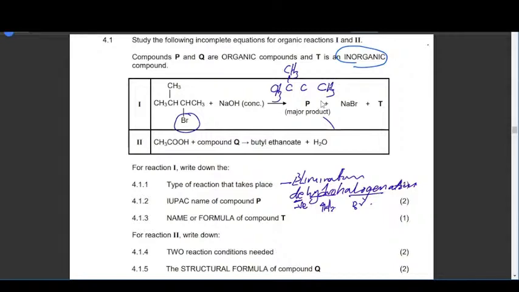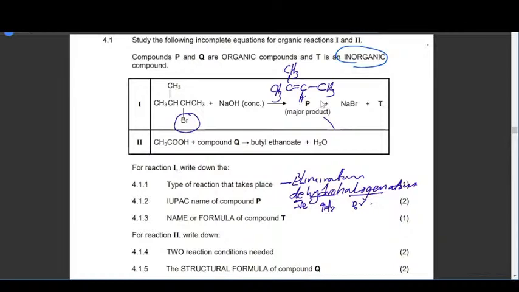So it's going to lose one hydrogen here, so it's going to form a double bond there. And this one also is going to be lost. 1, 2, 3, 4. So the answer is going to be like that. But this is not the answer because they want the IUPAC name for that.